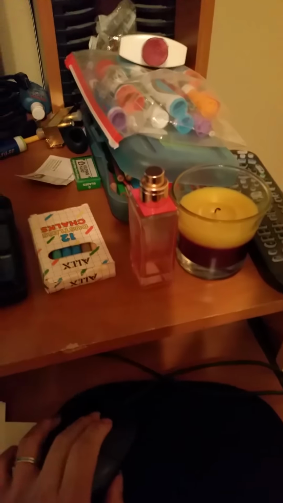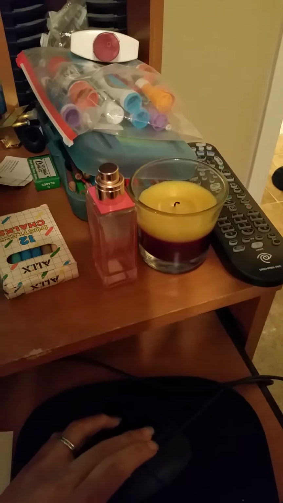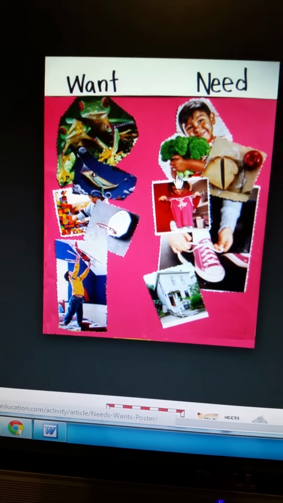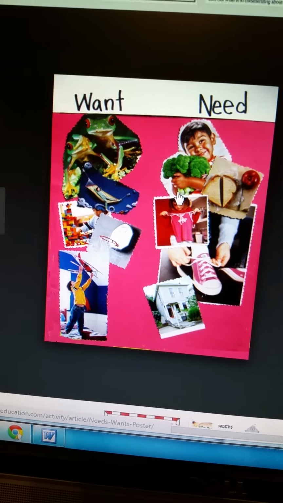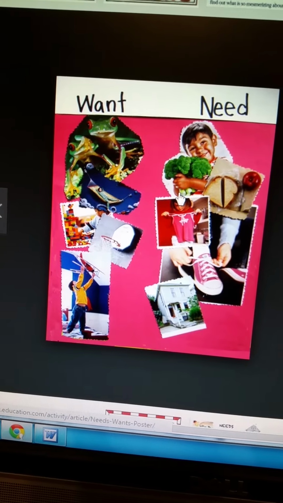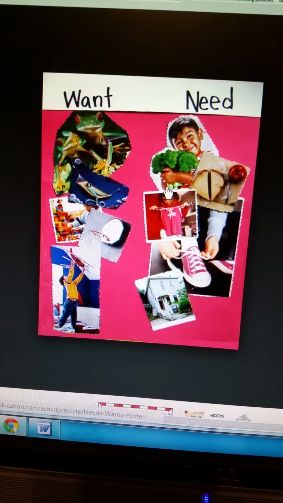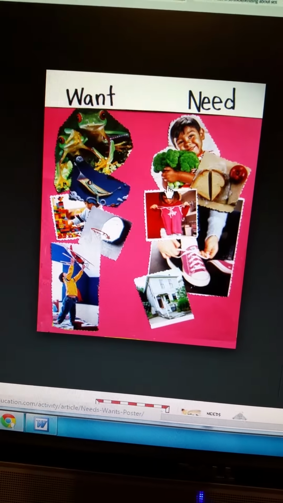Now, I'm going to give you an example of what a poster could look like. This is what it could look like in your poster. These are wants and these are needs. Of course, not necessarily the pictures. It's just an example of what it would look like. Now, the wants and the needs would be what we talked about.